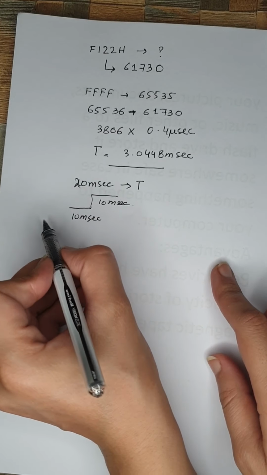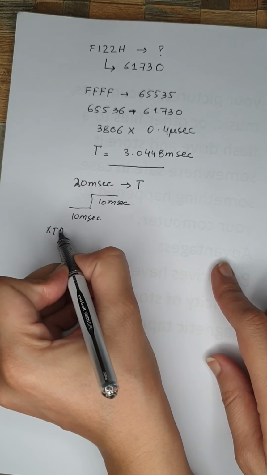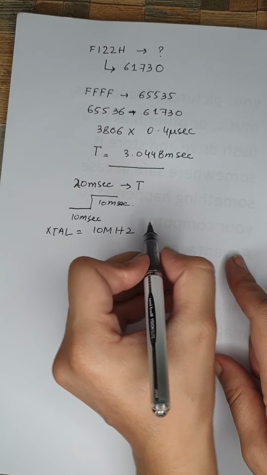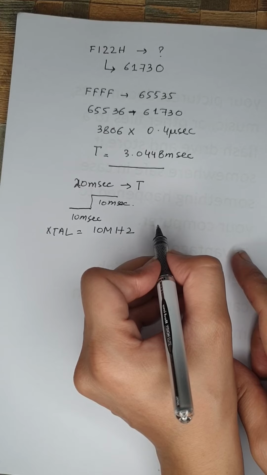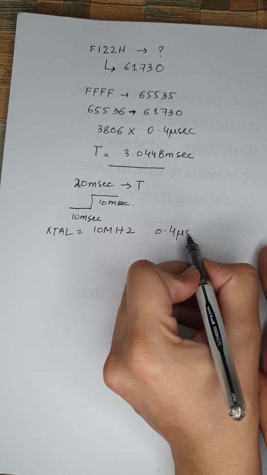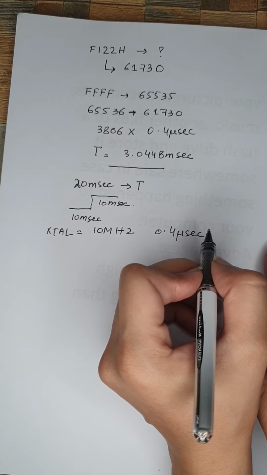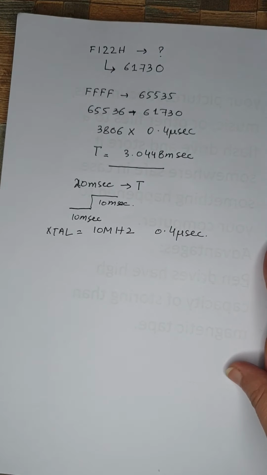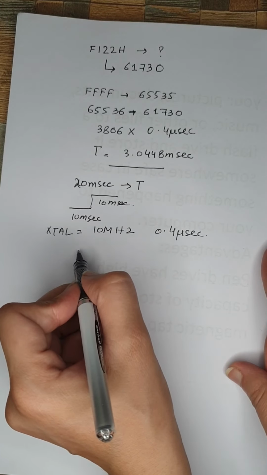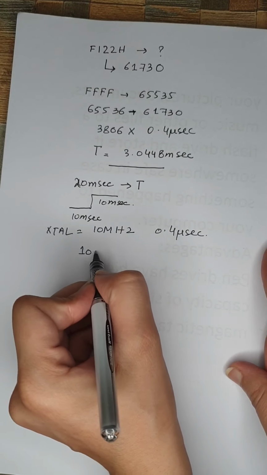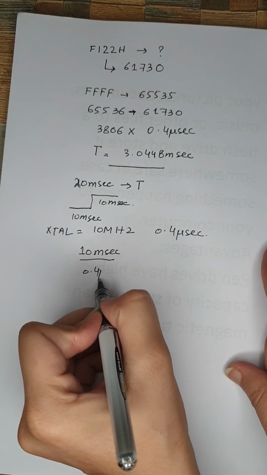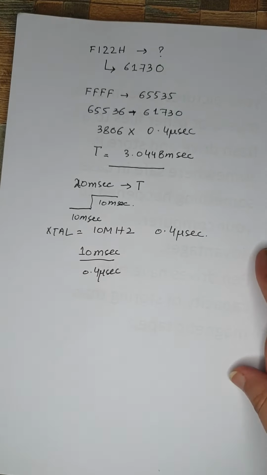Because the external crystal oscillator, let's assume that is equal to 10 megahertz, the counter counts up every 0.4 microsecond. This means we need to divide 10 millisecond by 0.4 microsecond.